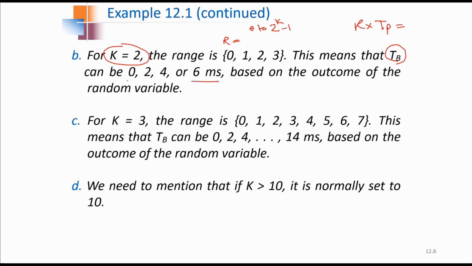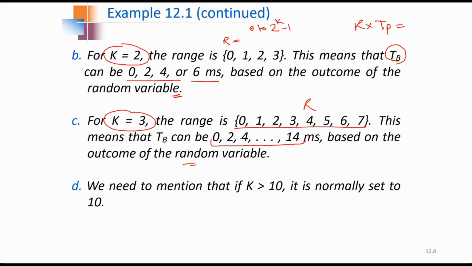These are the different backoff times based on the outcomes of the random variable. Similarly, if K equals 3, the range will be 0 to 7, and the backoff times go up to 14 milliseconds, based on the outcome.